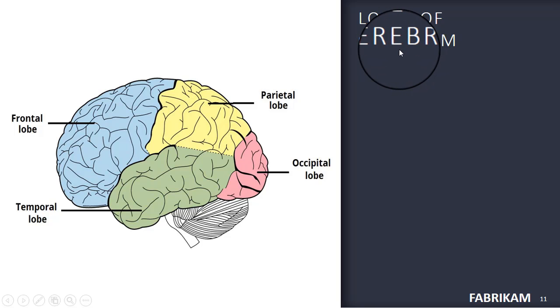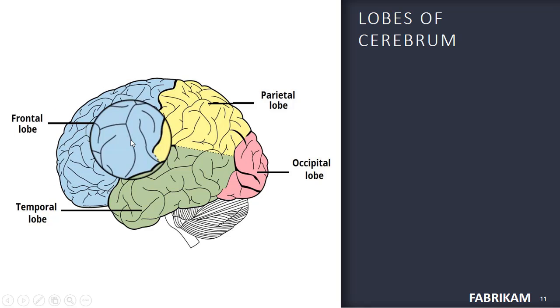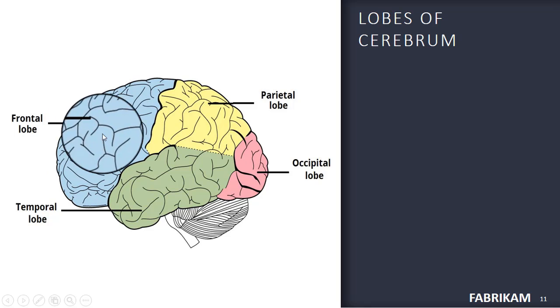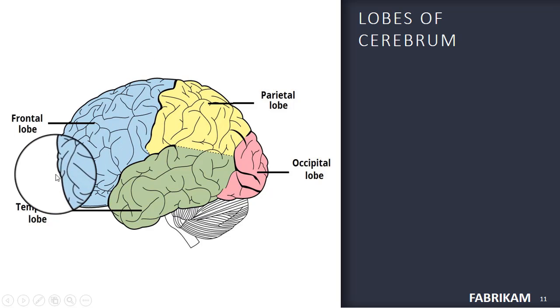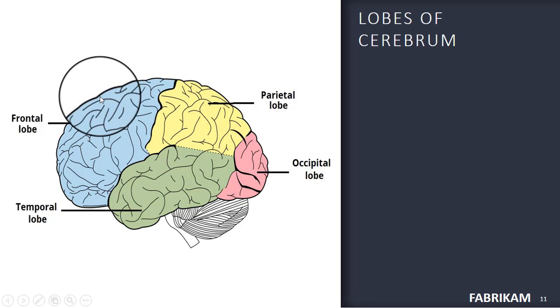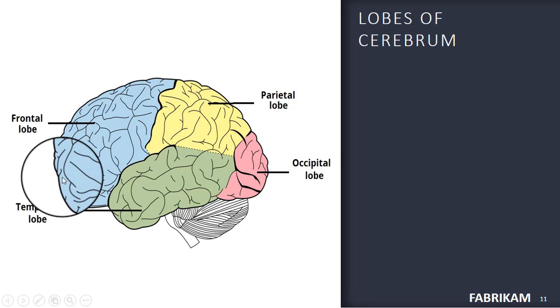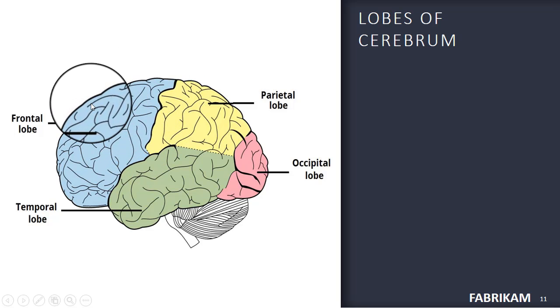Now let's talk about the first lobe of the cerebrum, the frontal lobe. As you can see here, this is the bigger one, the frontal lobe. The frontal lobe is located beneath the frontal bone of the calvaria and is the most anterior region of the cerebrum.